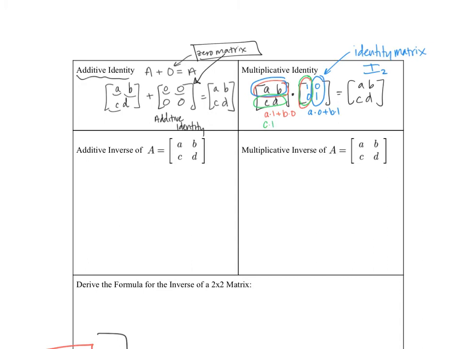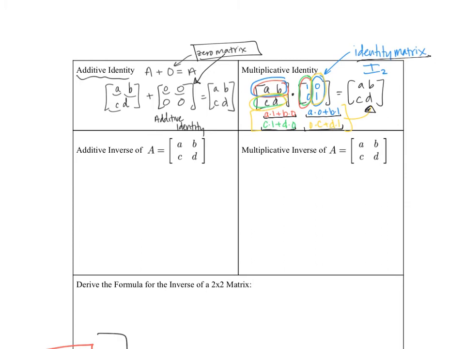That will be C times 1 plus D times 0. And then lastly, again, we're in the second row, second column, so that's where my entry is going to go. We're going to have 0 times C plus D times 1. And you can see we're going to get just A here, just B here, just C, and just D like we needed. So the identity matrix works the way we need it to.